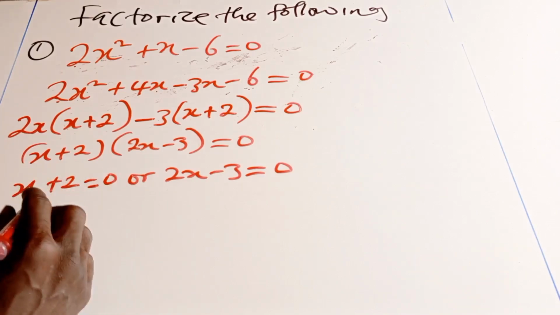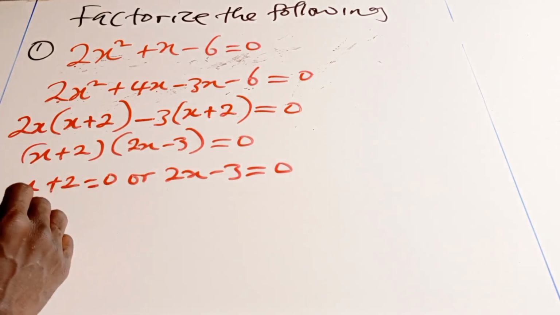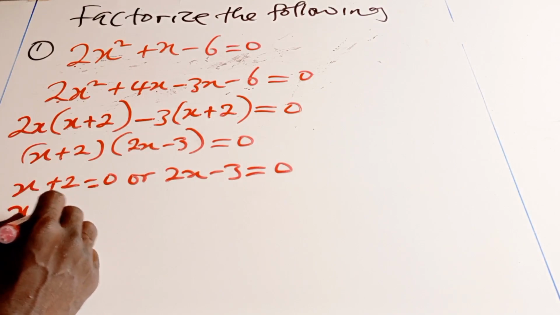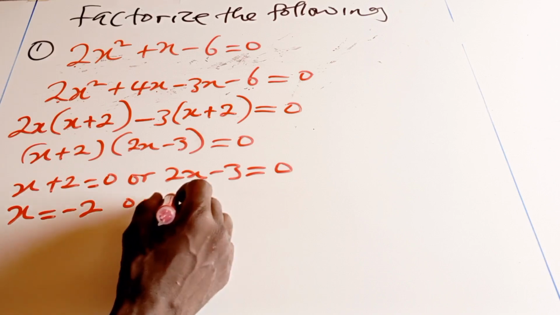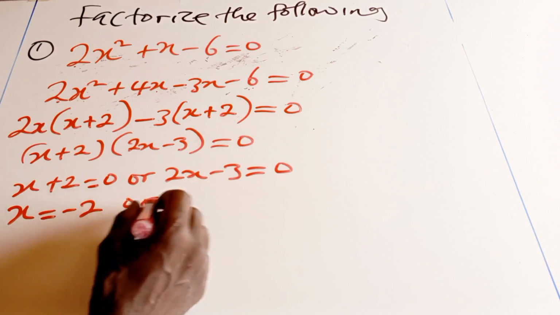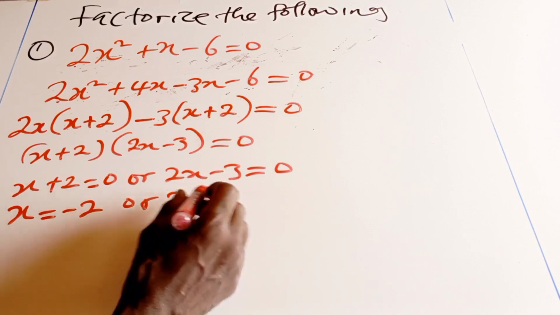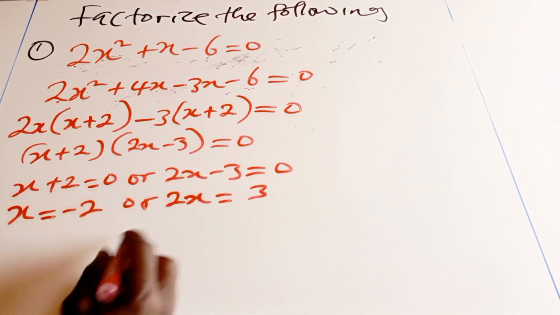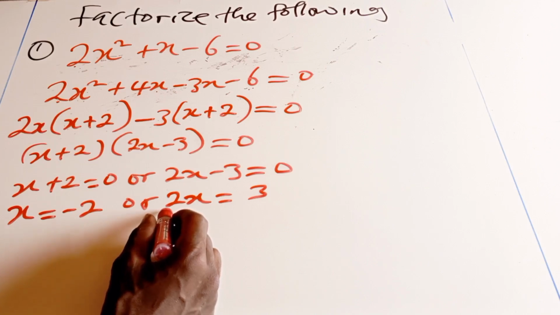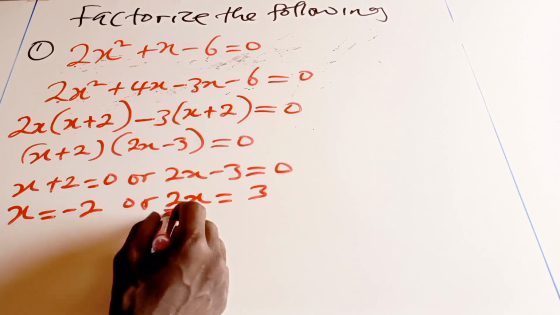Then we can see here x is equal to minus 2, or for this one we have 2x is equal to 3. Then we can divide both sides by 2.